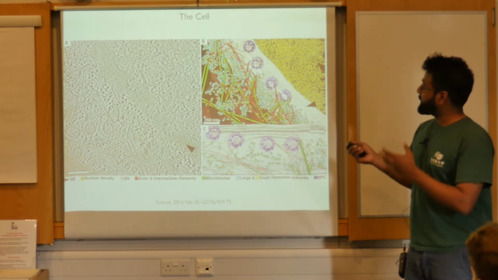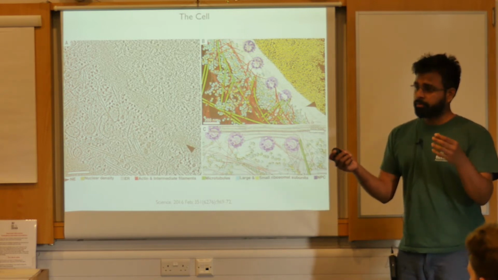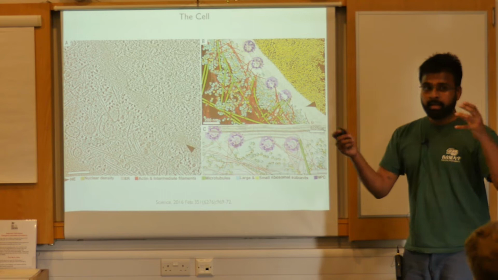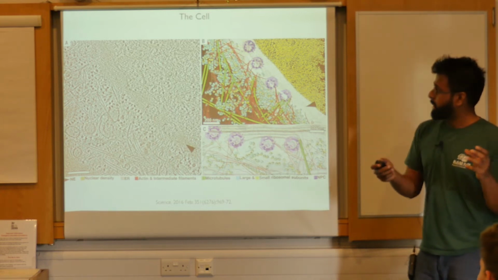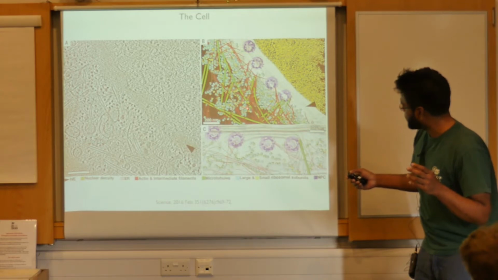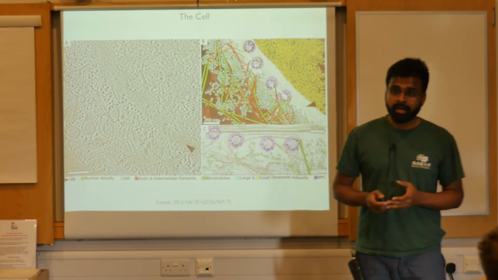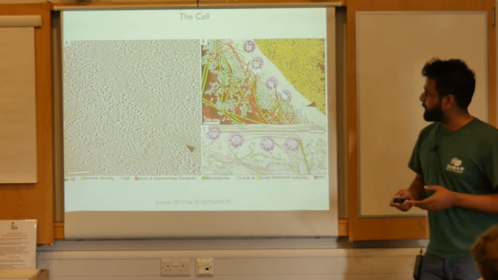Another thing I wanted to highlight is that the cell can be thought of as a huge factory made up of tiny machines. For example, these yellow dots here are a part of a machine called the ribosome, and ribosomes are the protein synthesis machinery in the cell.